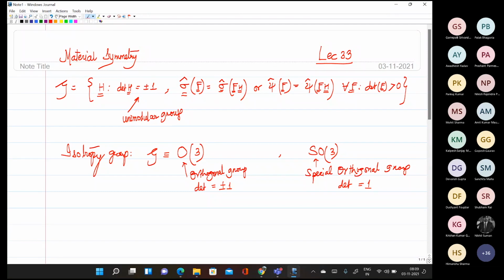Okay, so we had seen that we started with the energy for the thermoelastic material. We had this Helmholtz free energy as a function of big F and also theta, but we'll forget about theta for now.